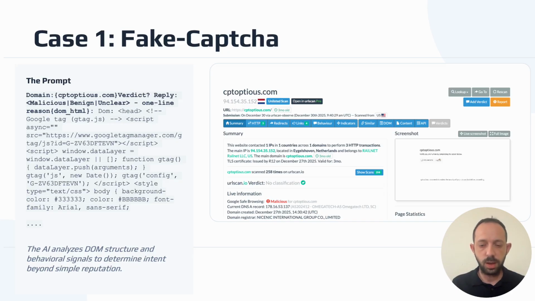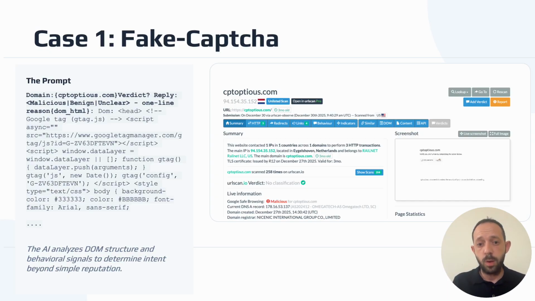So you can see that on the screenshot of URLScan.io, it's presenting me a CAPTCHA. Now, before I analyze this CAPTCHA or this domain, I cannot know whether this is malicious or not. Of course, URLScan did mention to me that this is a malicious domain. However, I don't know why this verdict is malicious.